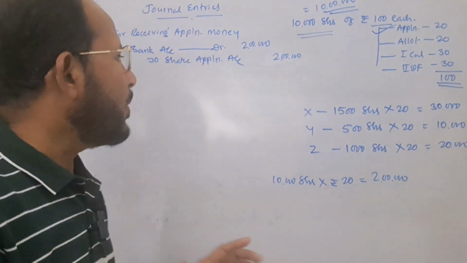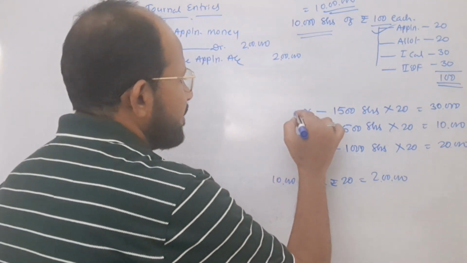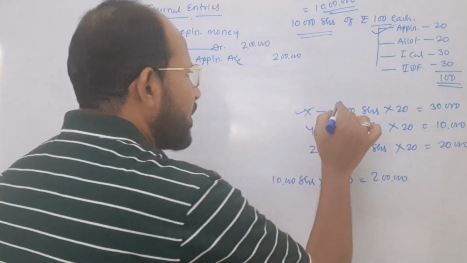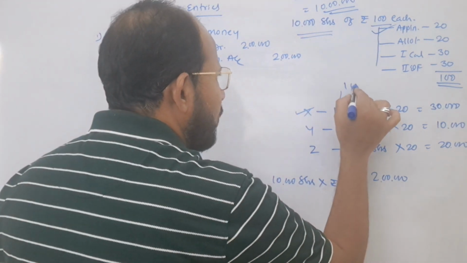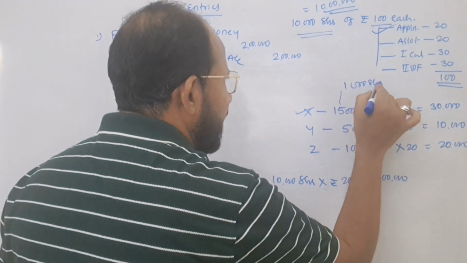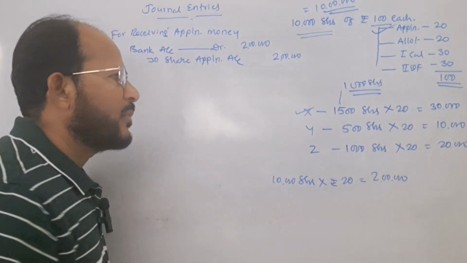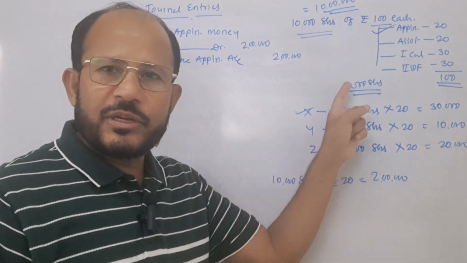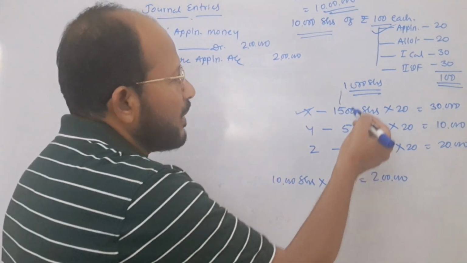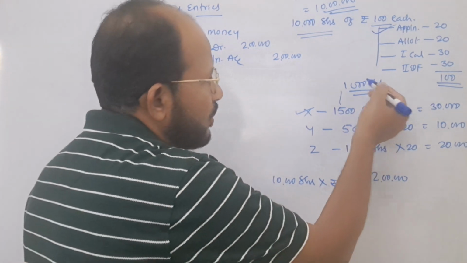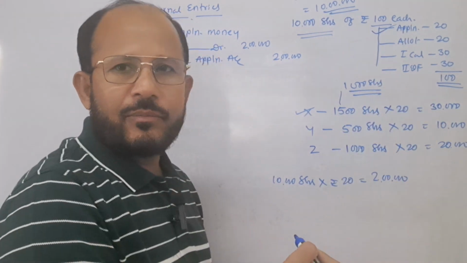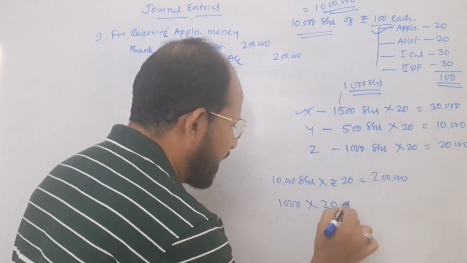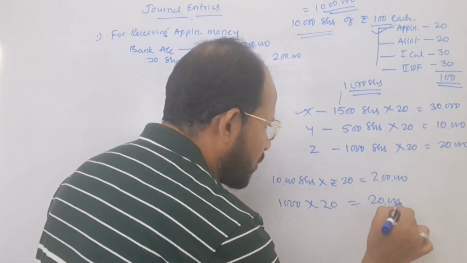Assume that Mr. X had applied for 1500 shares, but only 1000 shares are allotted to Mr. X. For 1000 shares, how much application money will come? 1000 into rupees 20. It comes to rupees 20,000 only.